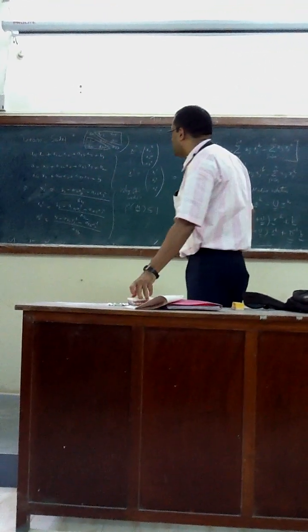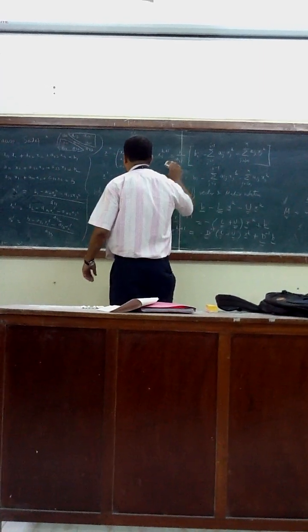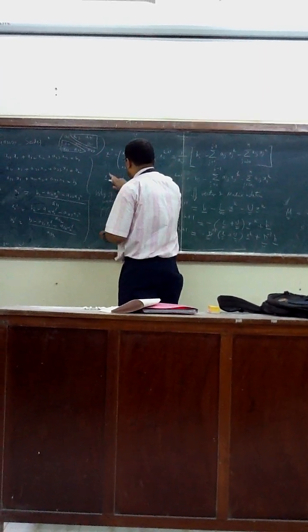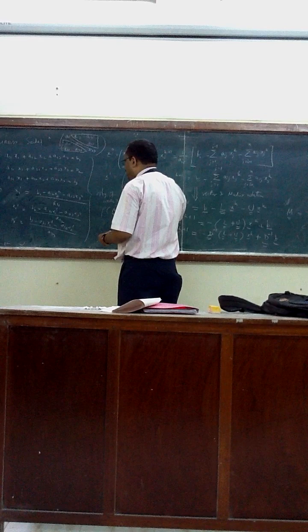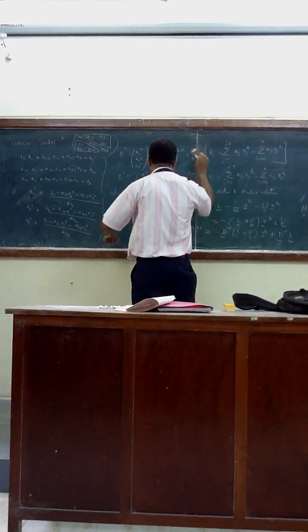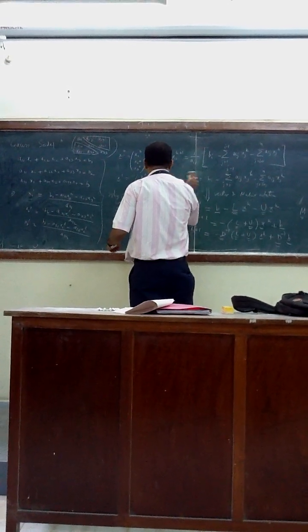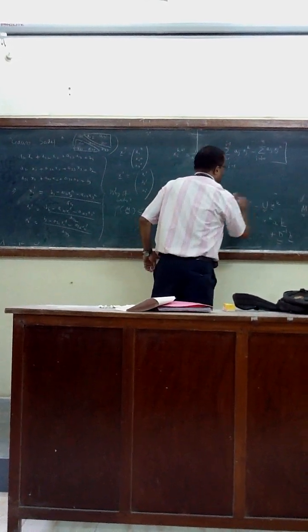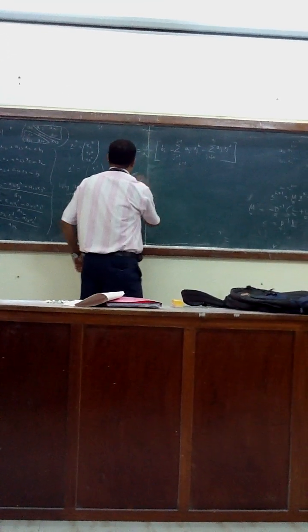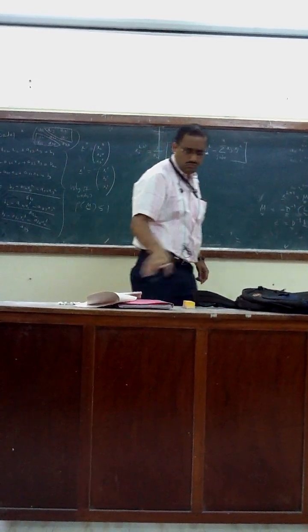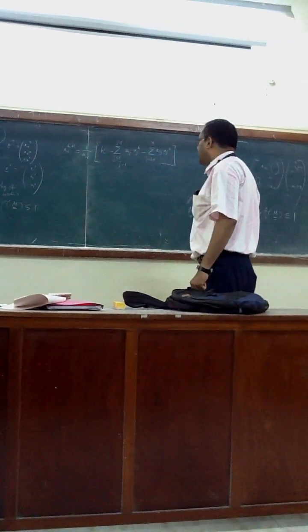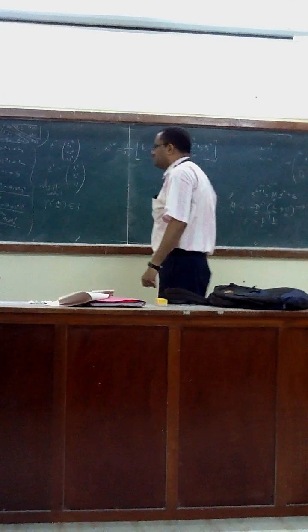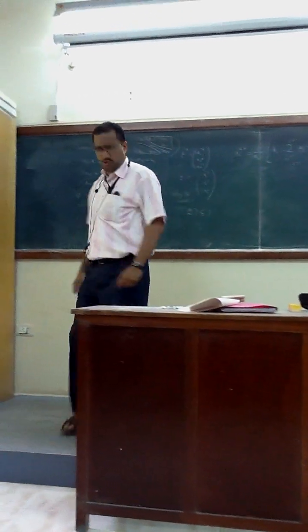Here x will be the same, but only the procedure is different. So now we will start from here. x_i^{k+1} = (1/a_ii)(b_i minus... what will be the situation?